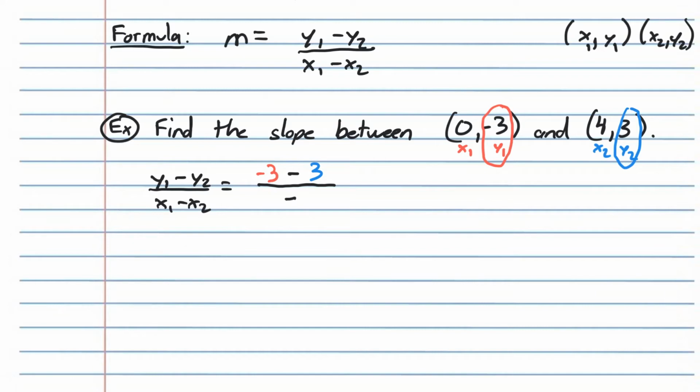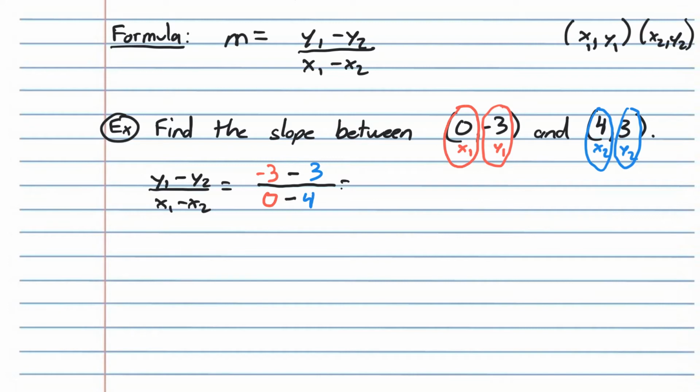And then on the bottom, x1 we know is 0. We'll put a 0 in there. And then x2 we know is 4. So we'll put a 4 in there. And then we just have to do that math. And then if you can simplify the fraction, you need to do that as well. Okay, so let's go ahead and simplify.